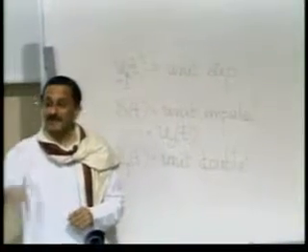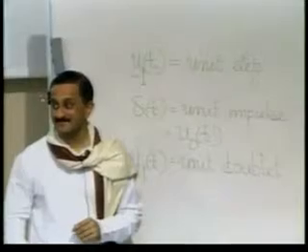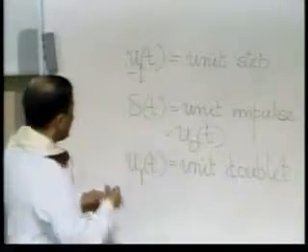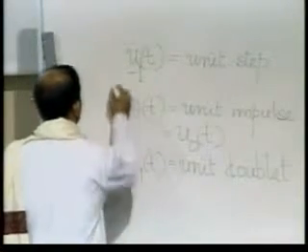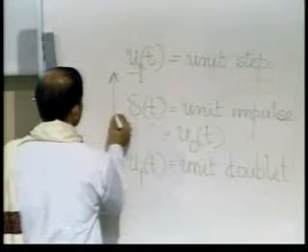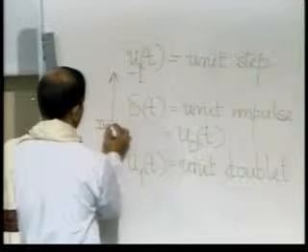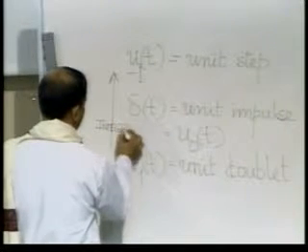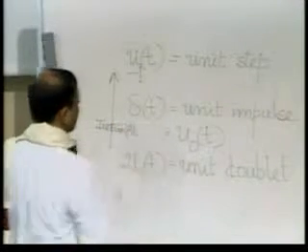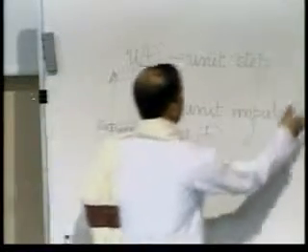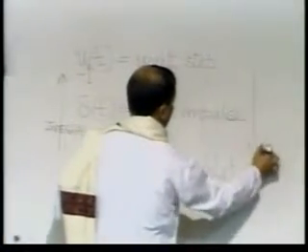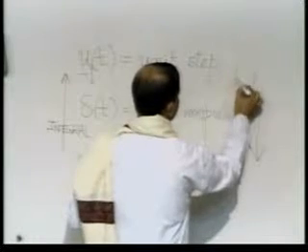And now we see a pattern. The pattern is that as you move this way, you are carrying out a running integral, and as you move this way, you are carrying out a derivative.